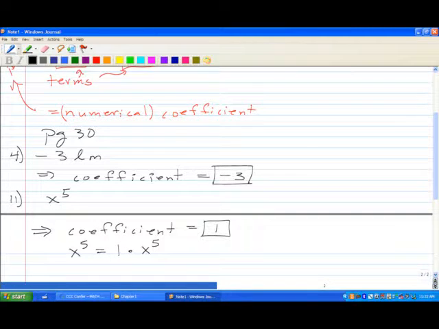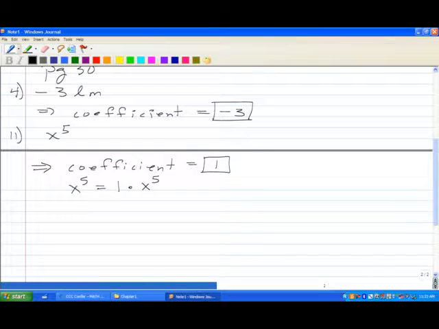Let me look at problem number 14. Negative 2 squared xy squared z cubed.